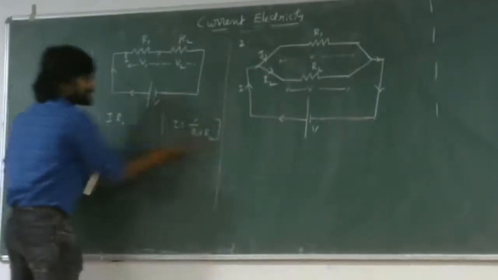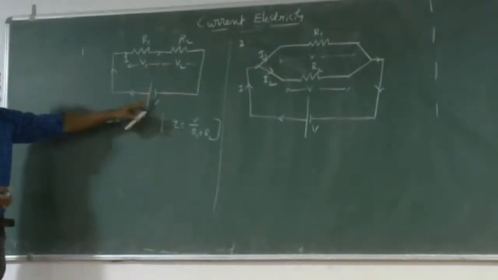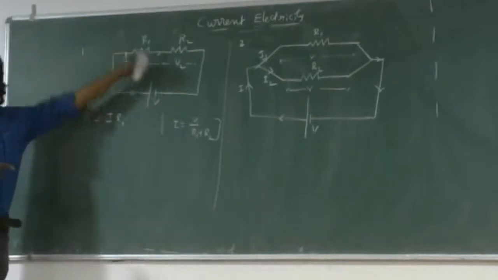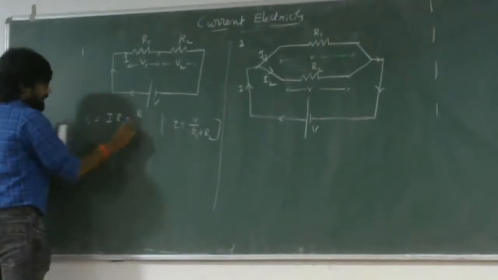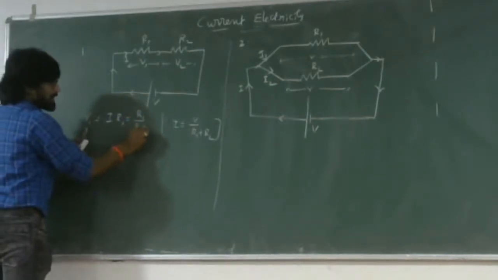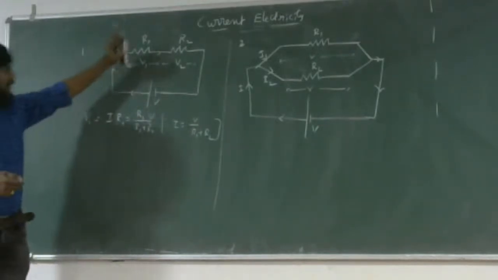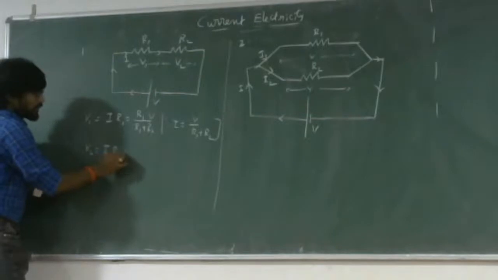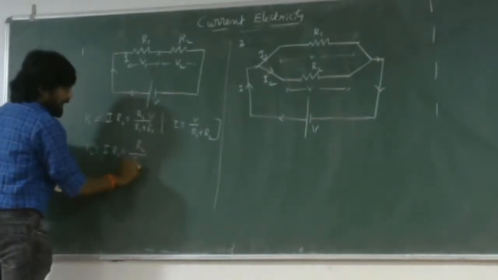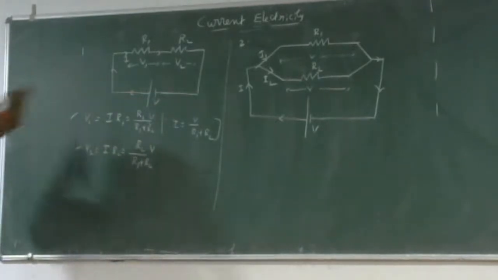Is it clear, everyone? Yes or no? These two resistors are in series, so I is equal to V by total resistance, and total resistance is R1 plus R2. If you replace this here, you can write V1 is R1 by R1 plus R2 into V, whereas V2 is R2 by R1 plus R2 into V. That is how we can directly calculate V1 and V2 without any further calculations by remembering these relations.